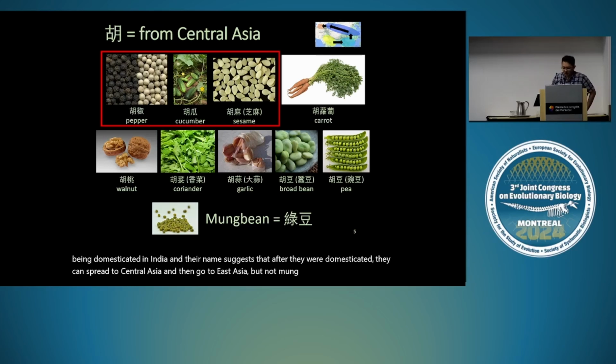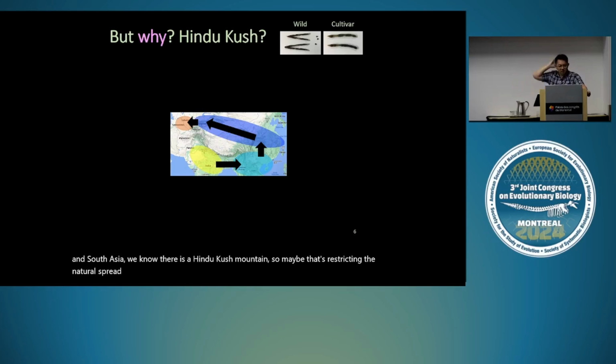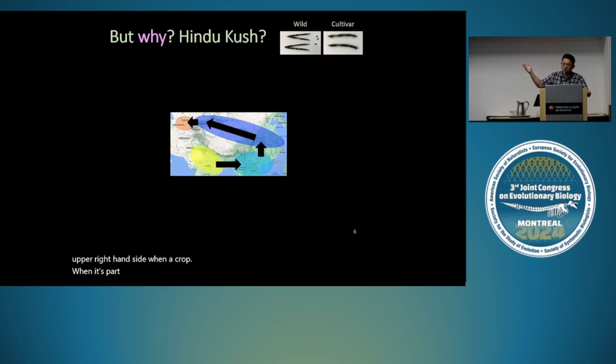Why is that? Now, of course, the easiest idea is that there's a geographic barrier, right? Between Central Asia and South Asia, we know there is the Hindu Kush mountain, so maybe that's restricting the natural spread of those plants. But remember, we are actually working on crops. The difference between a crop, the cultivar, and the wild genotype is that, as you can see on the upper right-hand side, when a cultivar's pod matures, the pod will not open.